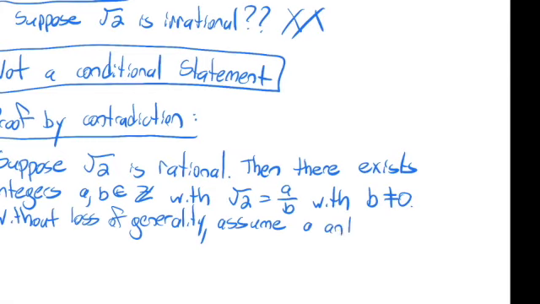So we're also going to assume here, without losing any generality, that we've got square root of 2 written in its reduced form. So in other words, a and b don't have any common divisors besides 1.